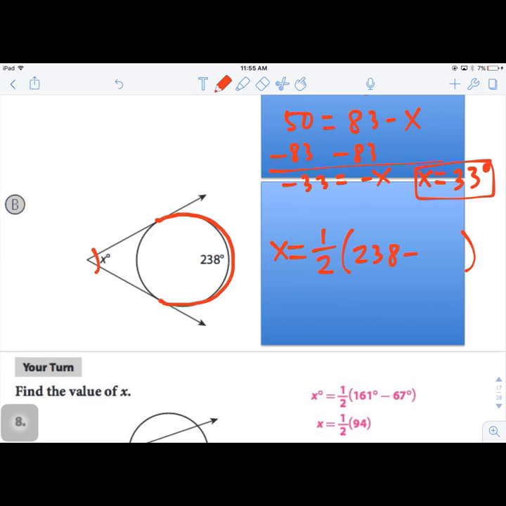Subtract 360 minus 238, and you'll have the small piece, which is 122 over here. So that's half of 238 minus 122, which is half of 116, and that will give you 58 degrees. So this external angle outside we found is actually 58 degrees.